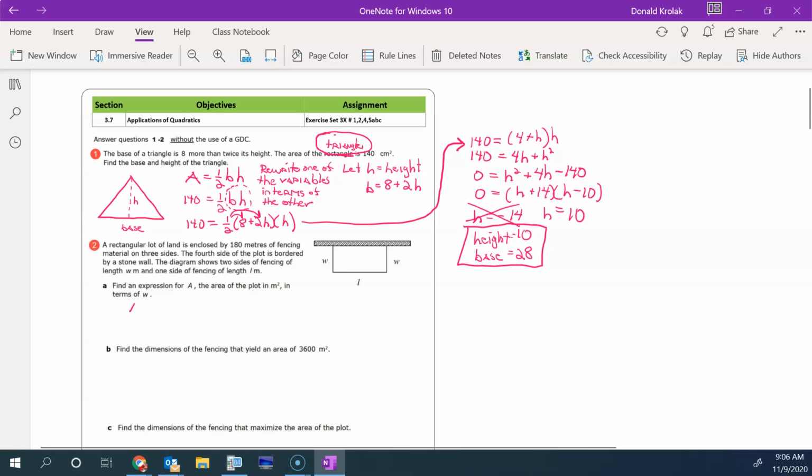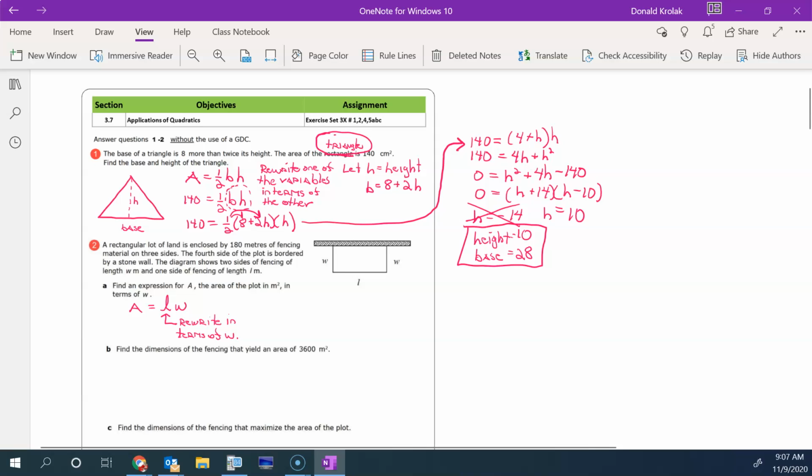Okay, the area of a rectangle is length times width. Now what we got to do is rewrite this in terms of W, so that we'll have area equals and only W's.